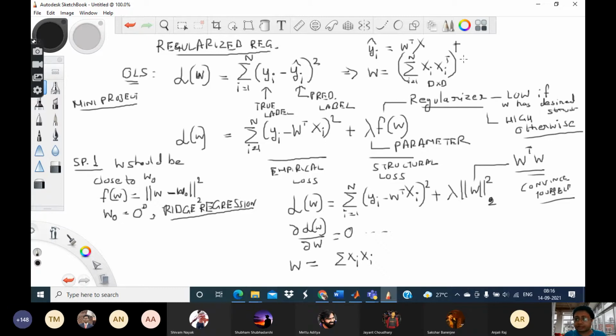What does this cross mean? This is the Moore-Penrose pseudo inverse. This we multiply by this kind of quantity.